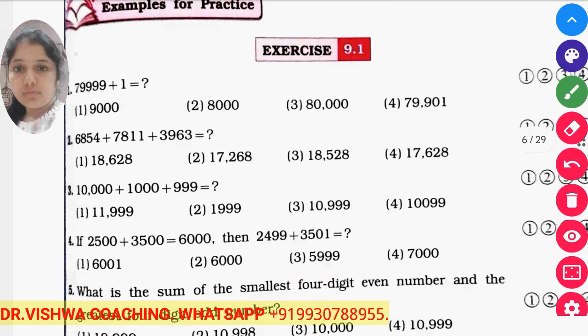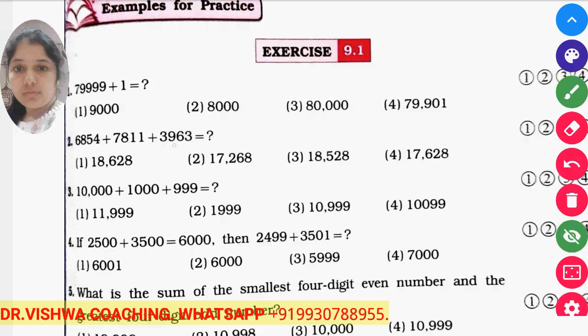Now again here 3 figures are given and you have to add 3 of them. You can add them by taking it one by one or writing it one above the other, and you can add them. Now see 10,000 plus 1,000 plus 999.